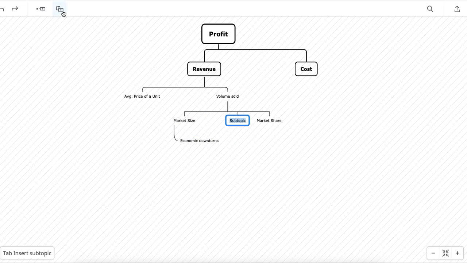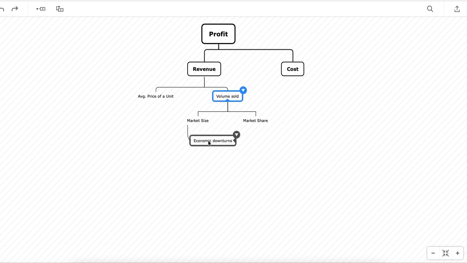Second can be substitute availability. Here our example of the petrol car comes in, and it can easily be substituted with an EV car, waiting for EV infrastructure in the country. So this is one of the things which can hammer down your market size.